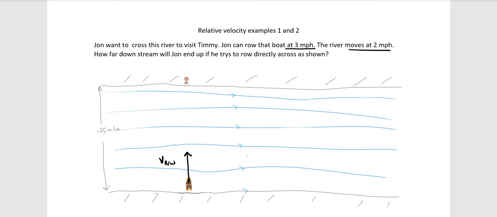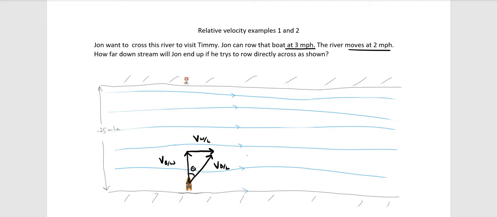But as the water moves downstream, that's going to carry the boat with it. So there's a vector for the velocity of the water with respect to the land. And the boat's actually going to move in a direction something like this. That's the velocity of the boat with respect to the land. And there's some sort of angle here that we're going to calculate.